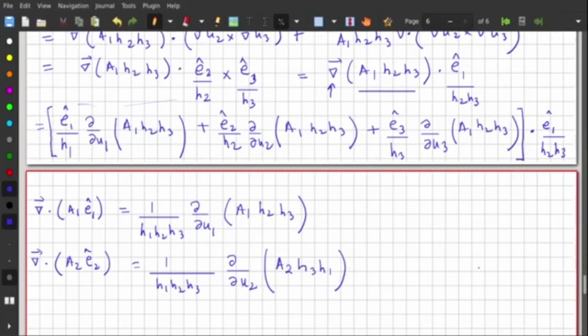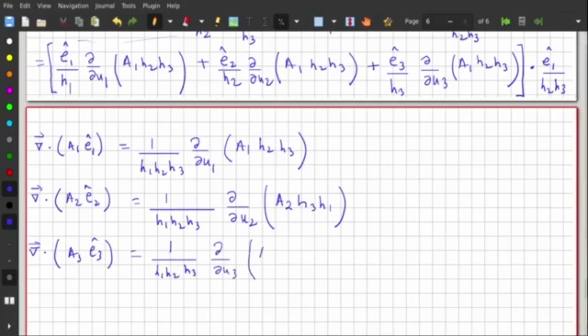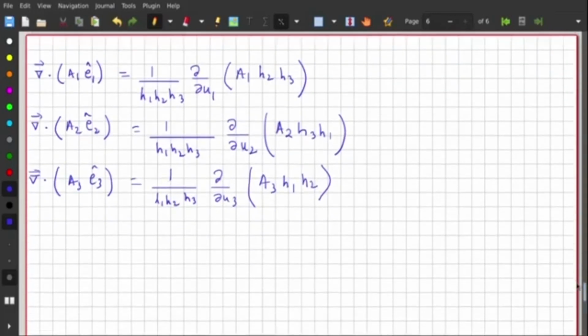And similarly we can write the divergence of A3 E3, which is 1 over H1 H2 H3, partial U3 of A3 H1 H2. So that's the divergence of A1 E1 cap, A2 E2 cap, and A3 E3 cap.